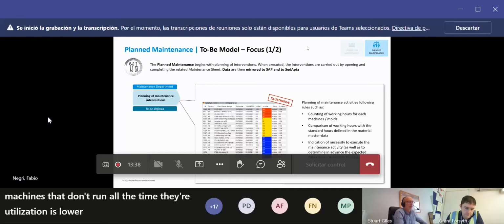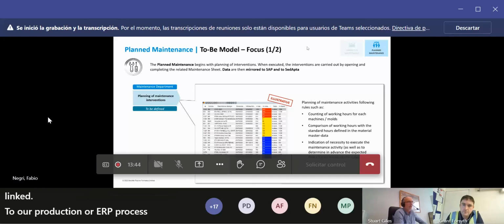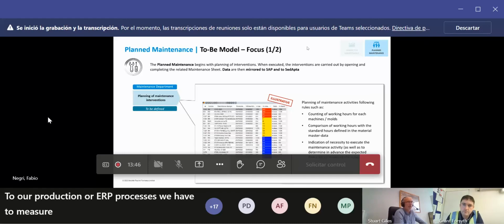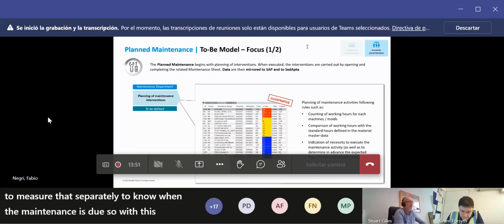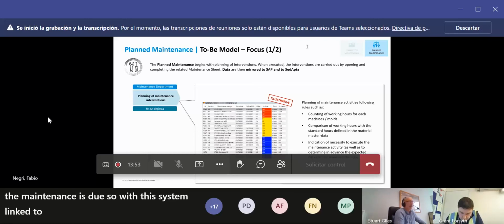And at the moment, because our maintenance system is not linked to our production or ERP processes, we have to measure that separately to know when the maintenance is due. So with this system linked to the SAP, it should be very accurate data telling us when the machine requires its maintenance, which is clearly better than what we currently have.